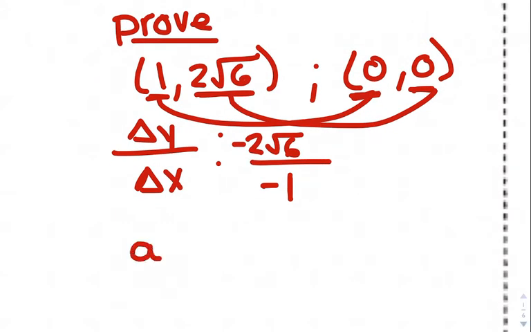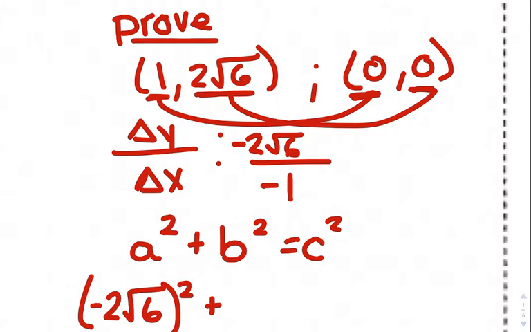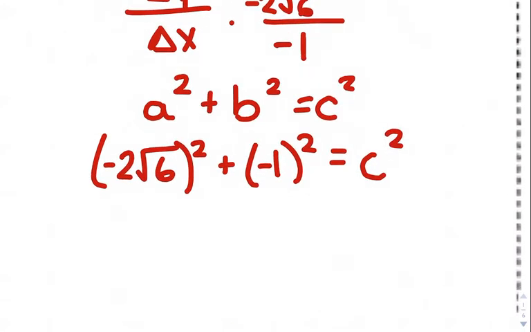So again, I'm going to plug those into my formula for Pythagorean theorem. So -2 radical 6 squared plus -1 squared equals c squared. Now, if you don't know what -2 radical 6 squared is, you're going to plug that into your calculator. So I want you to hit parentheses, -2 radical 6, close your parentheses, and then square.